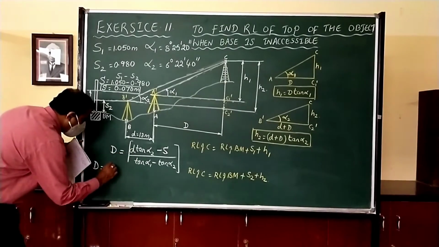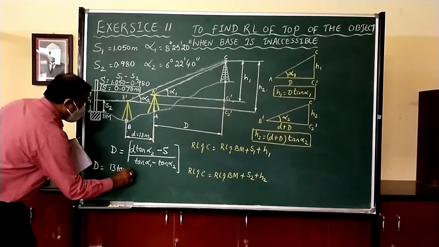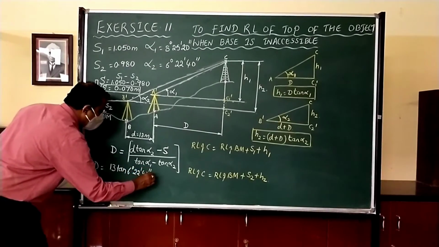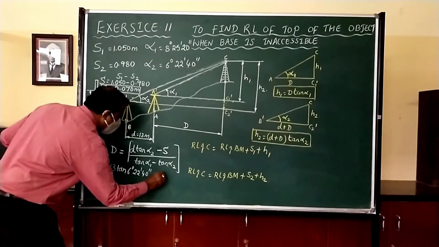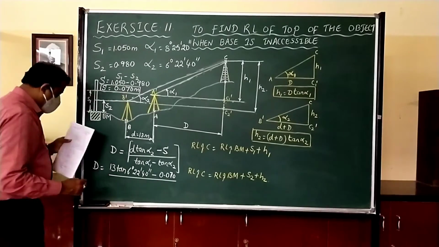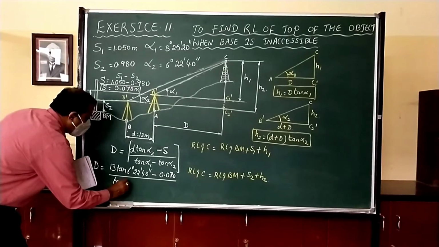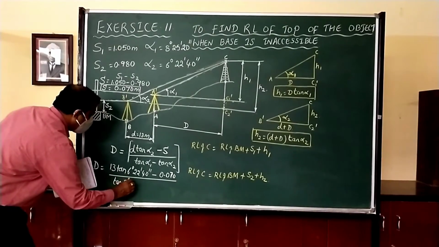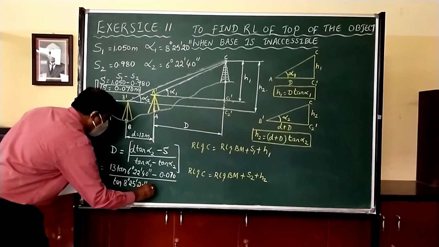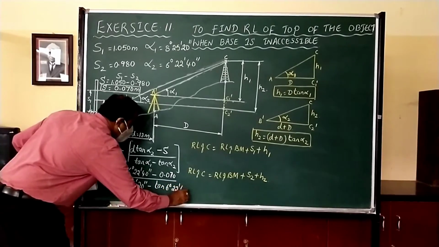The small d is 13 into tan alpha 2, that is 6 degree 22 minutes 40 seconds, minus S, 0.070, whole thing divided by tan alpha 1, that is tan 8 degree 25 minutes 20 seconds, minus tan 6 degree 22 minutes 40 seconds.